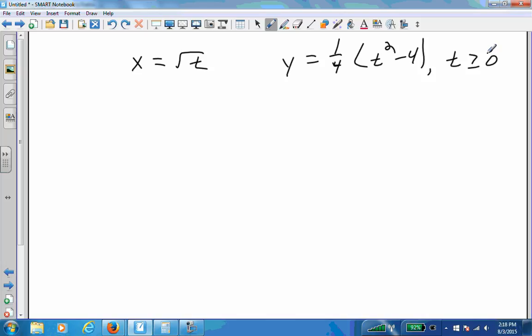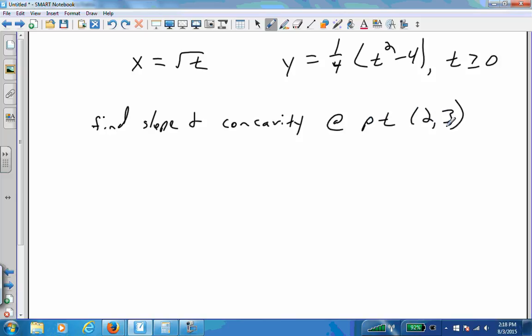So they say, find the slope and concavity at the point 2, 3.